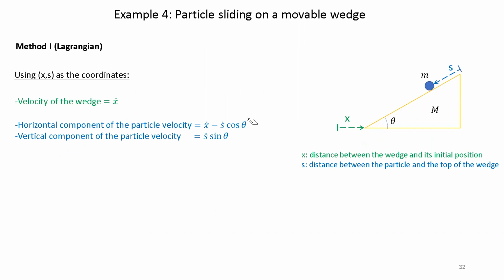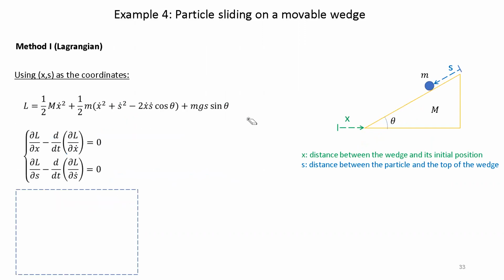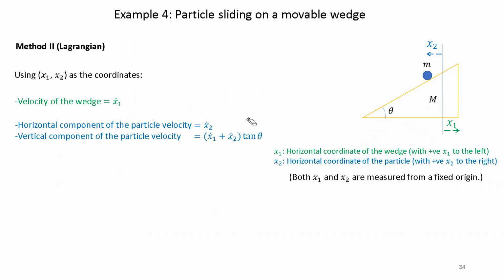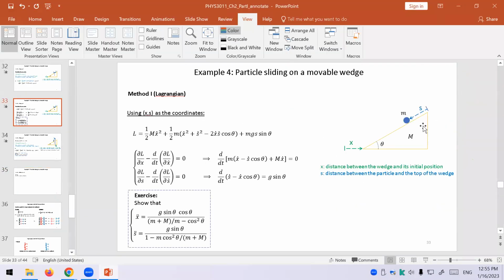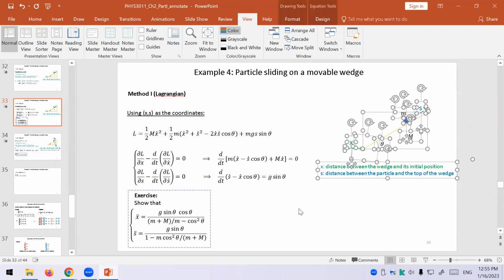Originally I wanted to talk about the Lagrangian first, but actually I will do it the other way around. I'm going to use Newton's equation first, and then I will come back to the Lagrangian.